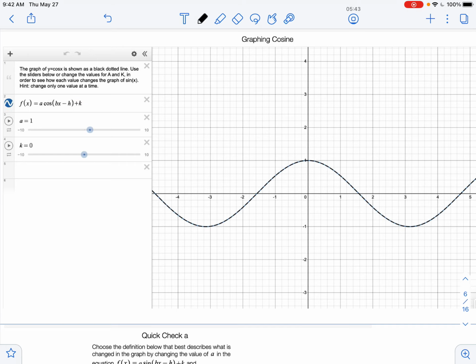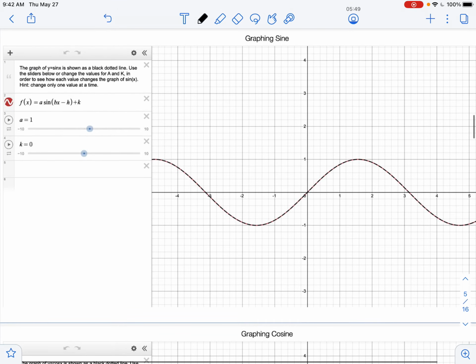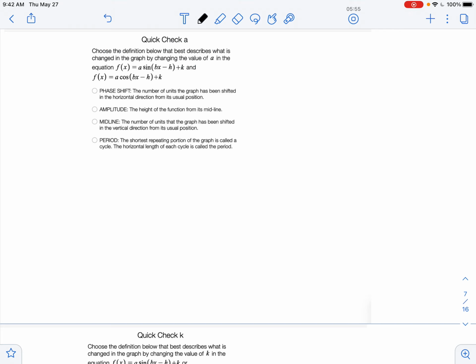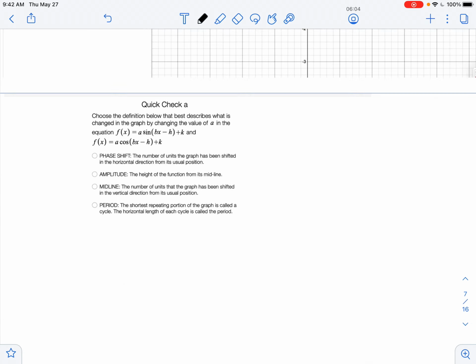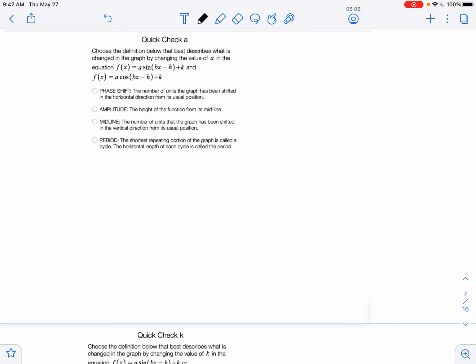I noticed there should actually be parentheses around the quantity x minus h. I apologize. That is shown in Desmos, but not on this screenshot. So pause the video, play on Desmos slides 6 and 7, and once you're done there, you can start the video to hear the conversation about slide 8.